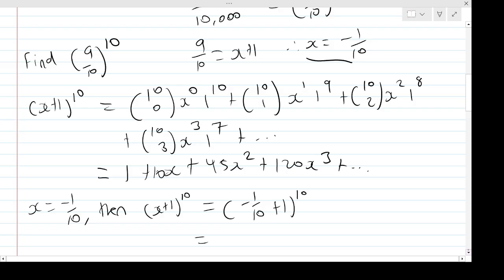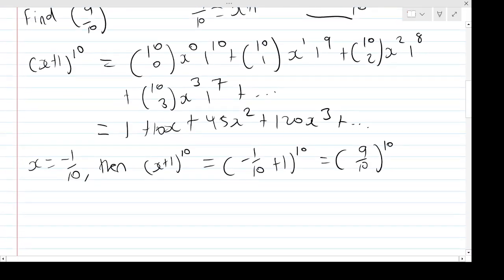Now that is indeed 9 over 10 to the 10, right? So that's great. But then I've got these values, and as I said, we only did the first 4 terms, because we omitted the other terms as there'd be a lot to calculate. What we can then do instead is say this is approximate.